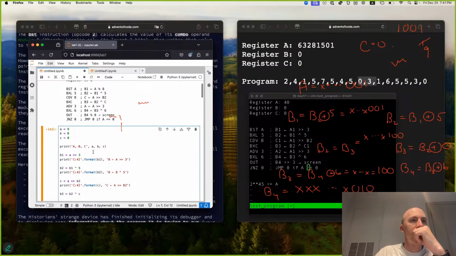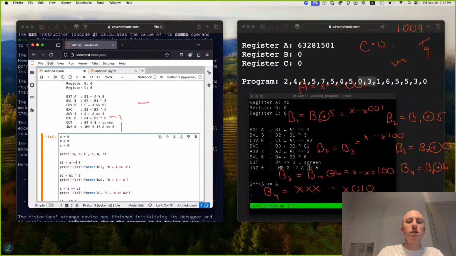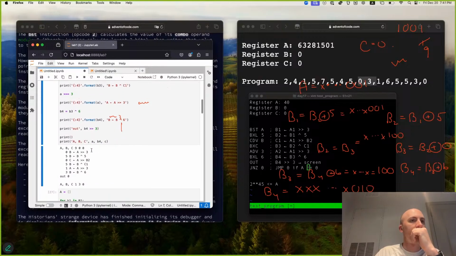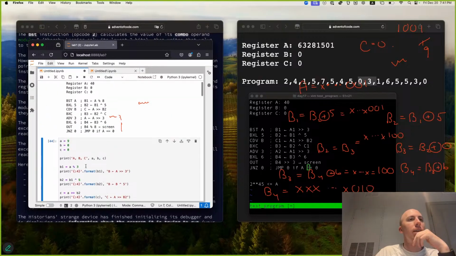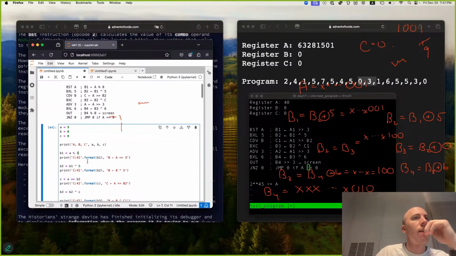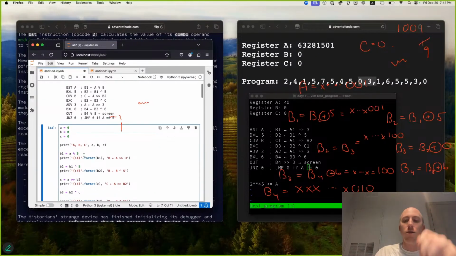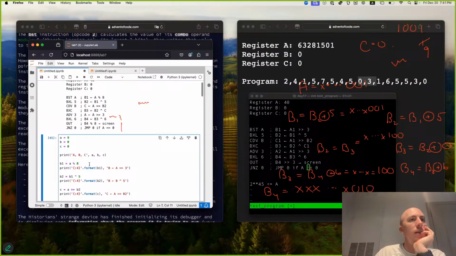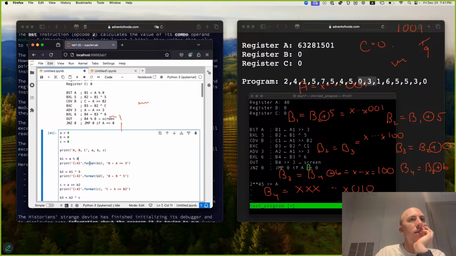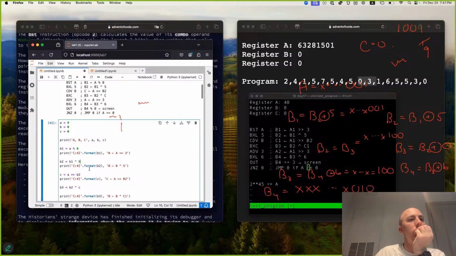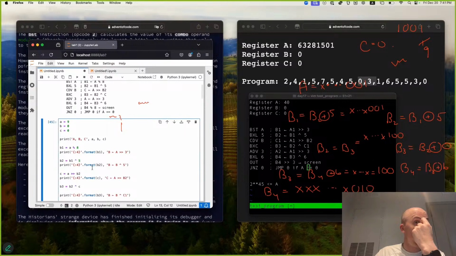9. Change this to modulus. Okay, so B1. Oh, no, 8. Okay, so A mod 8, 5. B2.